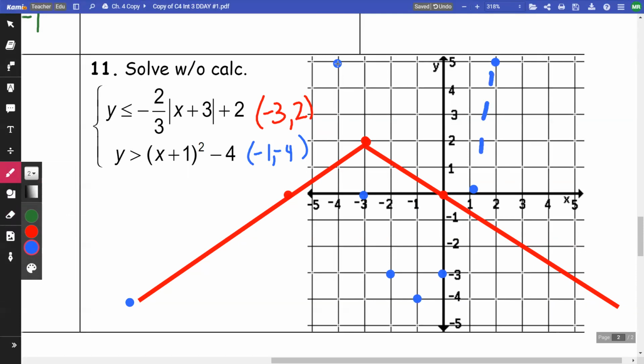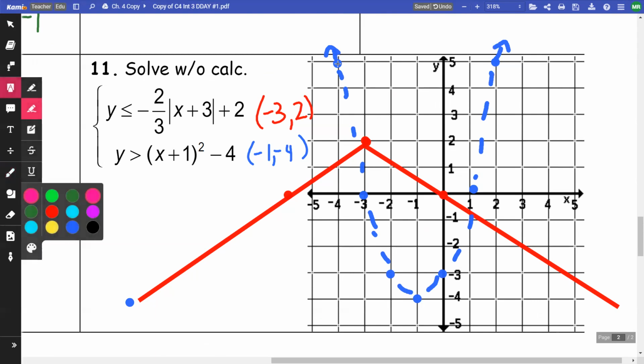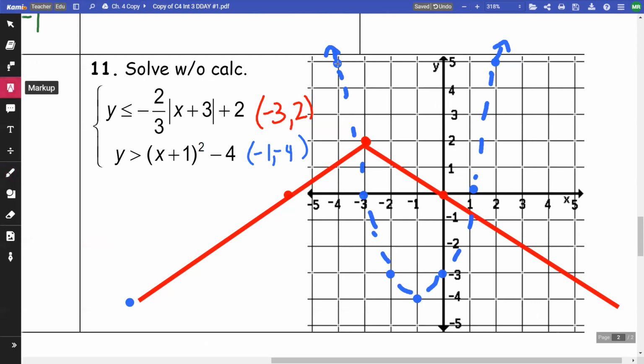So I'm going to draw a dashed curve. And we want to shade greater than or equal to. So I want to shade above my parabola, but under my absolute value. So this is where my shading is going to be.